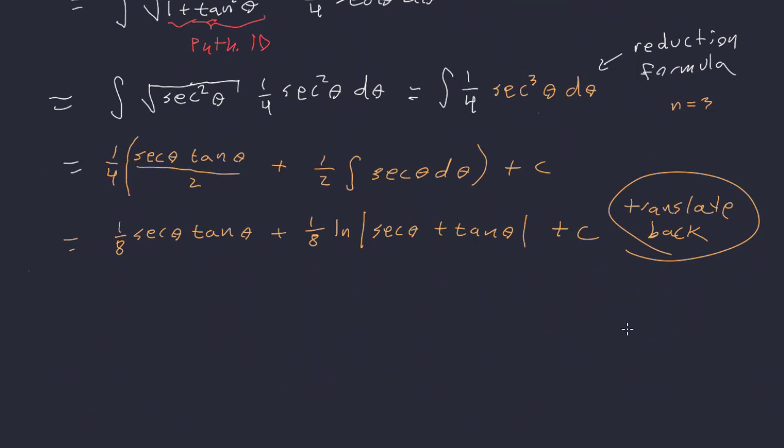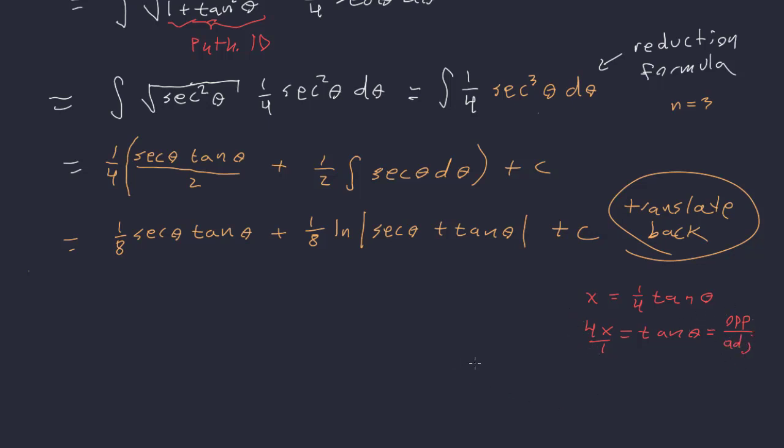So let me rewrite that here: x is 1/4 tangent theta, which we move over to get 4x equals tangent theta. Whenever we do this, we pretend there's an over 1 there. Remember, tangent is the side opposite over the side adjacent.